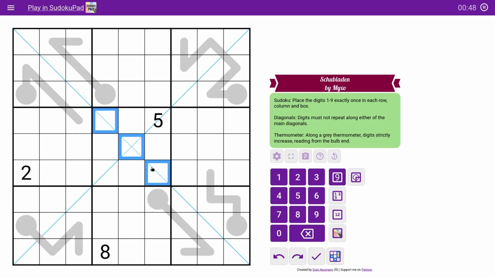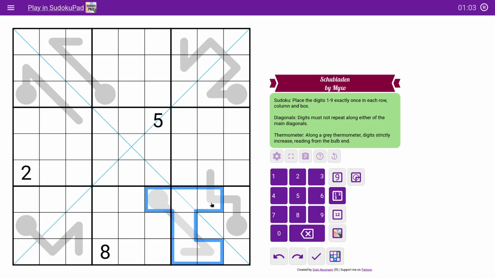So for example, these 3 digits, each of them appears on 2 thermometers. Among these 4, that is. For whatever that's worth. This digit does not equal any of these.